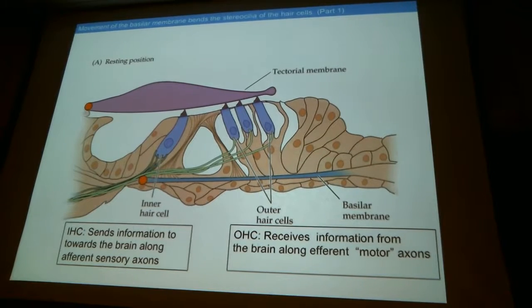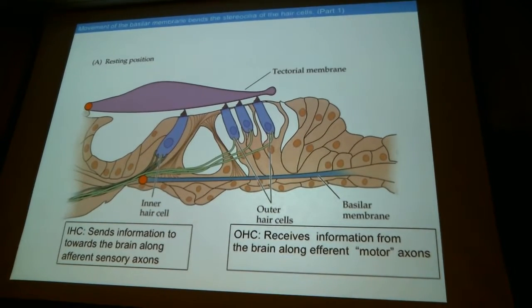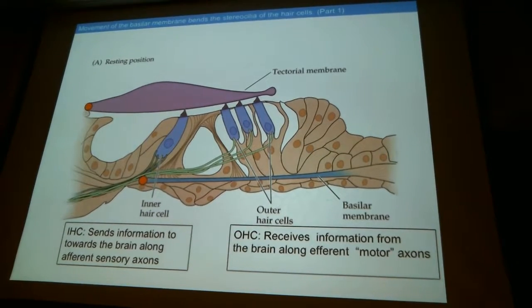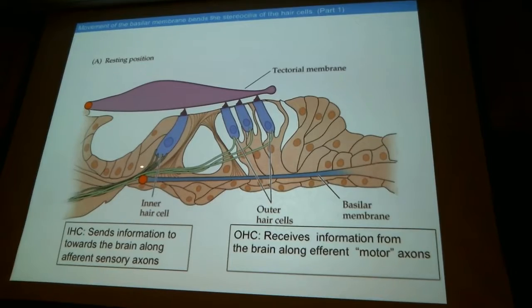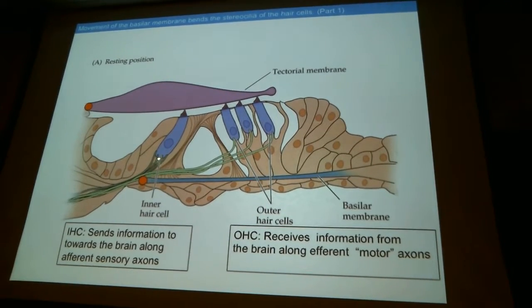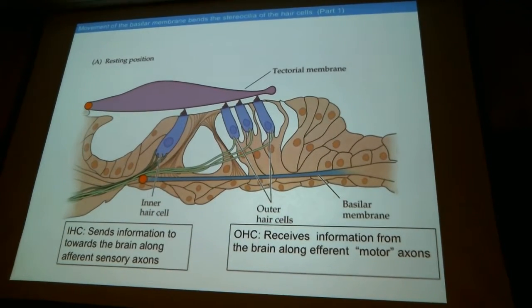And so here you have the inner hair cells and the outer hair cells. There's a real distinction between them. The inner hair cells are the ones that really carry auditory information to the brain. Those are the primary sensory cells. So they're connected to afferents that send information to the brain.